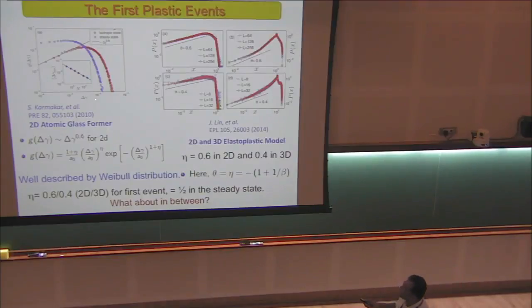In the regime where I find this kind of a distribution, the exponent eta that describes the small delta gamma distribution is related to the size dependence in this fashion, but we don't know whether that relationship should also hold in other cases, okay?